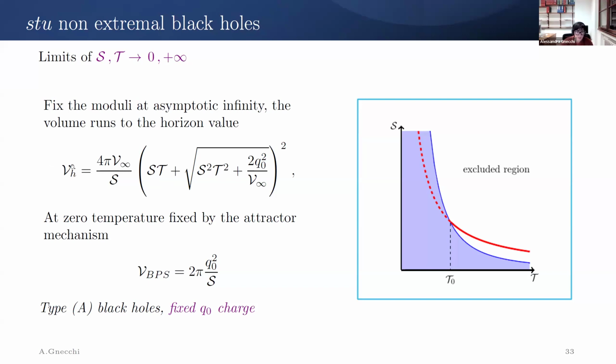And the volume at the horizon that depends on the scalar field is given by the entropy, the temperature, and the charges of the black hole. So this is the key relation that connects my black hole solution that is given by a certain charge and temperature and entropy to the value of the scalar field.